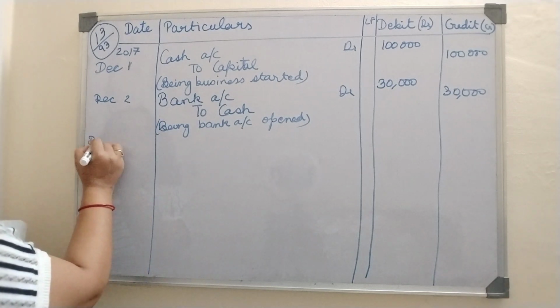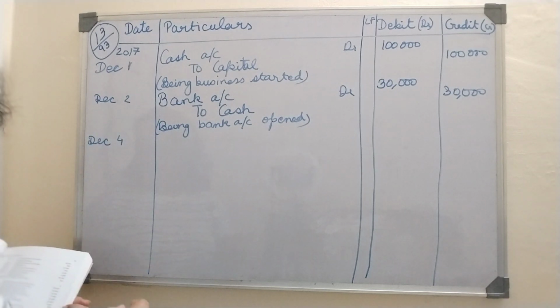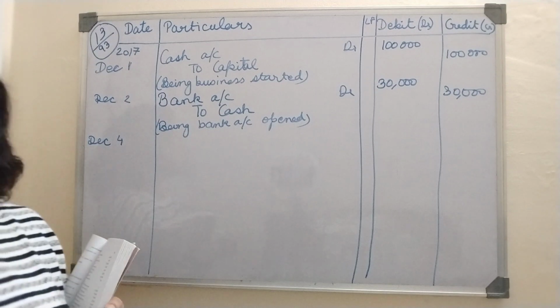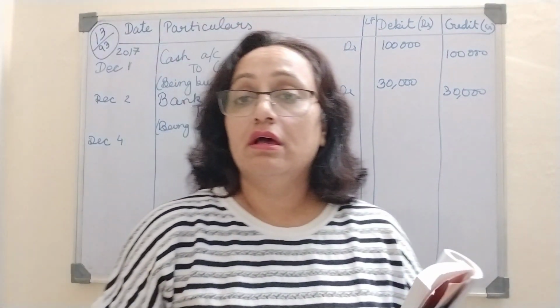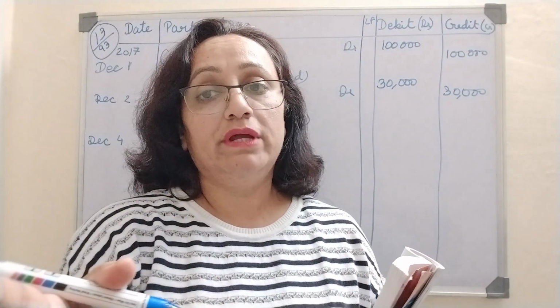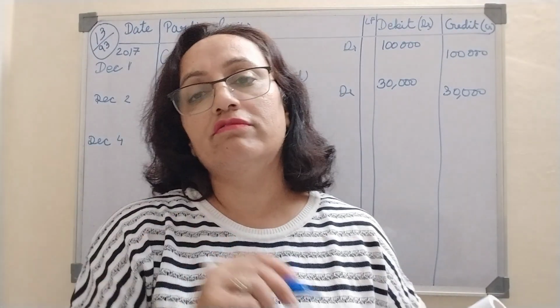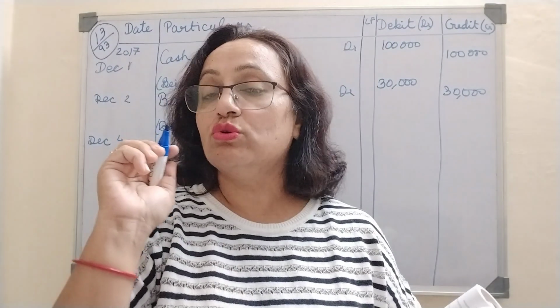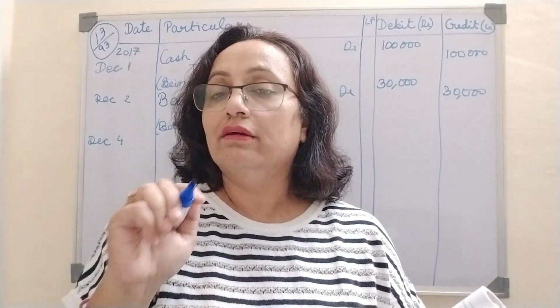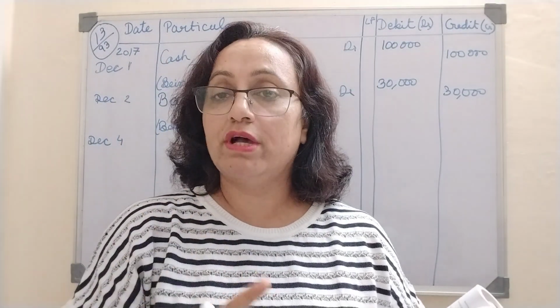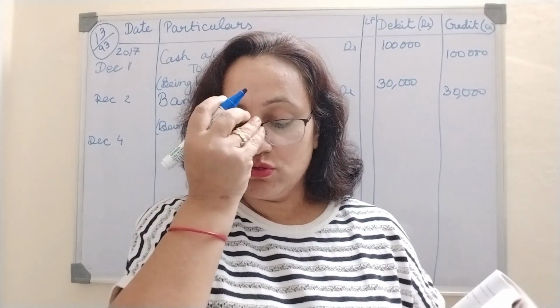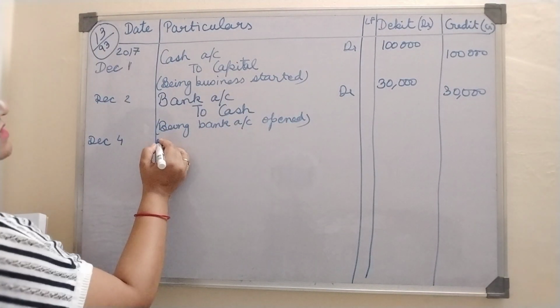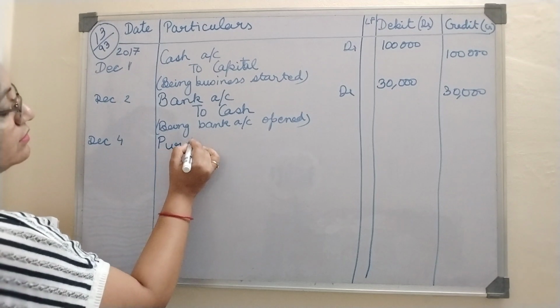Now December 4. The next is purchase goods from Ashu. So now name is mentioned means I have purchased the goods but I have not paid the cash. Otherwise it would have been written purchase goods on cash. So Ashu is my creditor. I have purchased goods from Ashu, so Ashu is my creditor. So whenever we are doing any purchase, purchase account is debited.